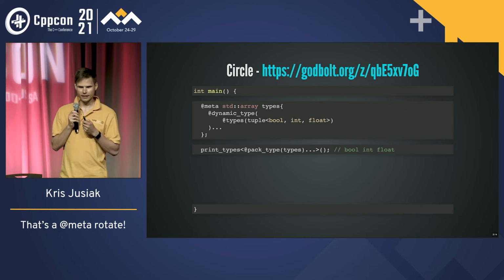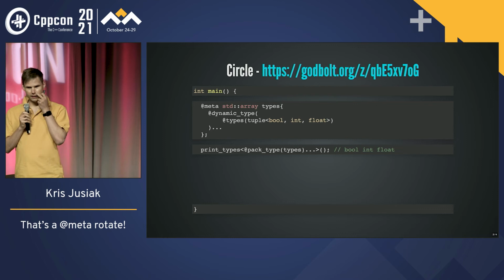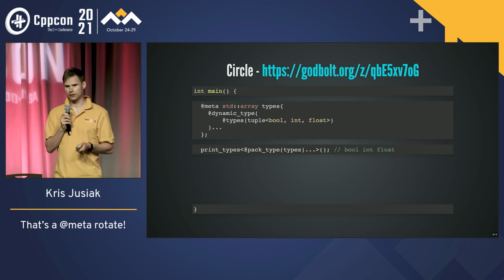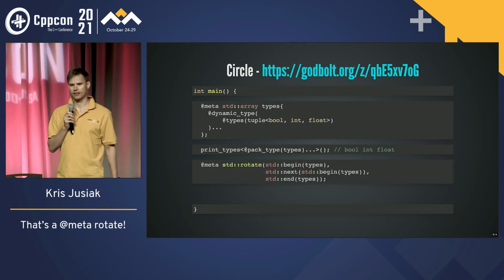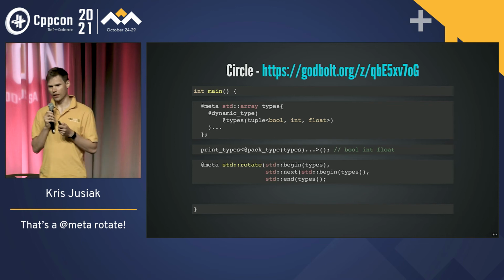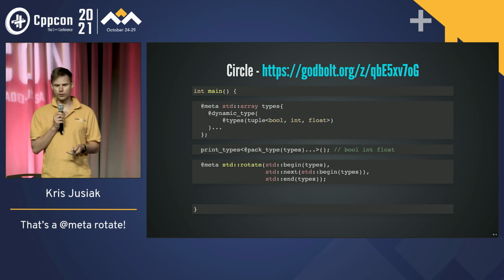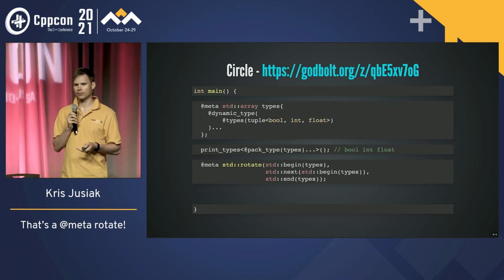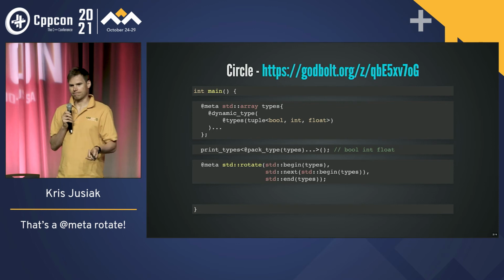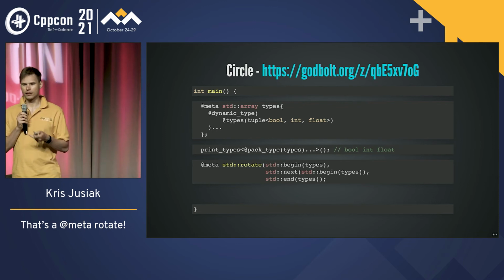But the most comprehensive example for Circle, in my opinion, is the fact that we can do that. So we can rotate those types, and imagine that that's STL. We can apply any STL function we want on the meta types.